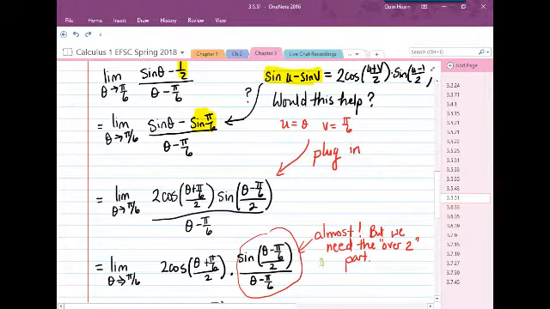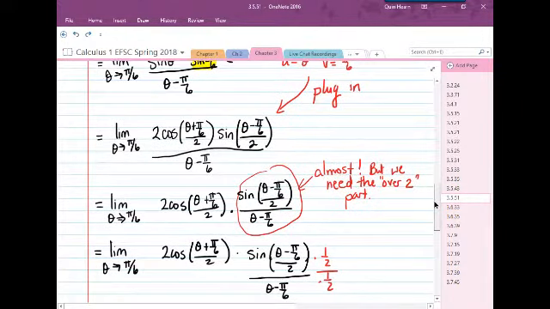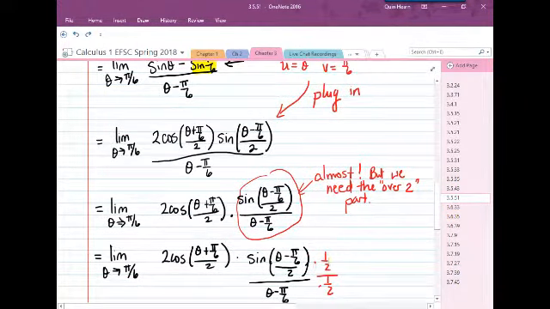It's almost what we need, but in order for the angle in the argument to match the denominator, we would need the over 2 part. So I did a little adjusting. To get over 2, I'd have to multiply both the numerator and denominator by 1/2. I can't multiply just because I want to, but if I multiply by 1, I'm good, right?